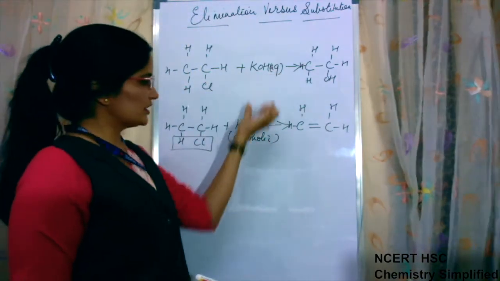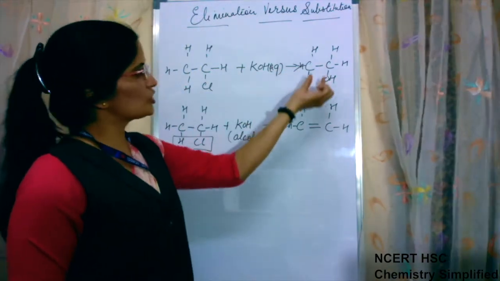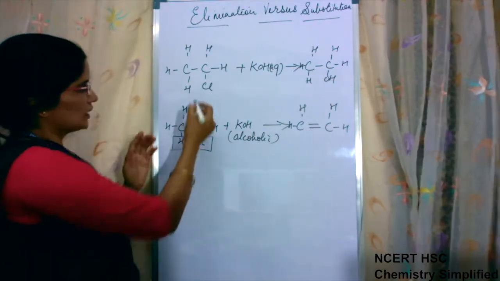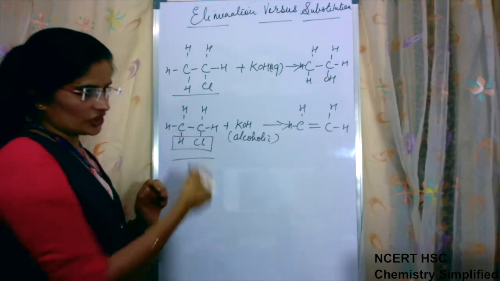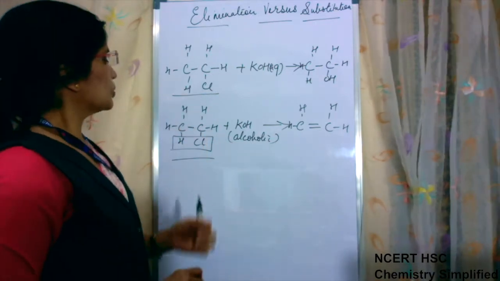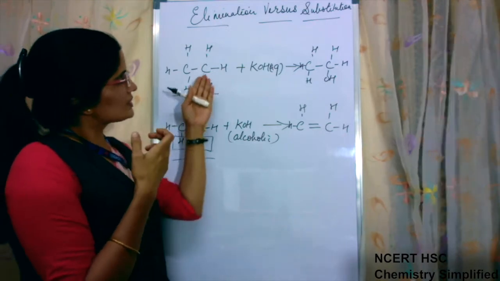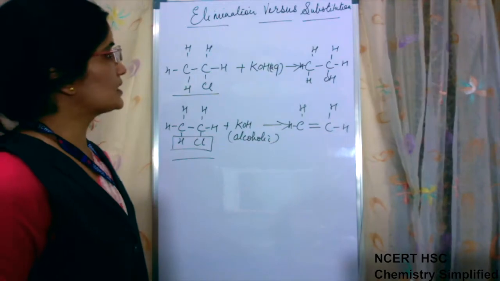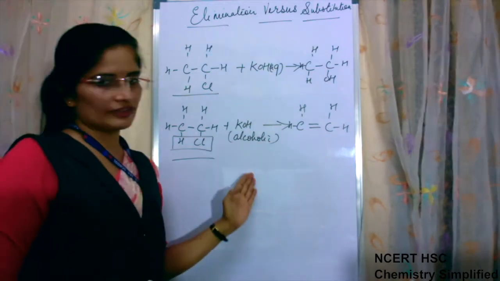That only the reagent is deciding whether substitution will take place or elimination will take place. The starting material is the same. So when elimination will take place and when substitution will take place will be decided by what reagent we are using.